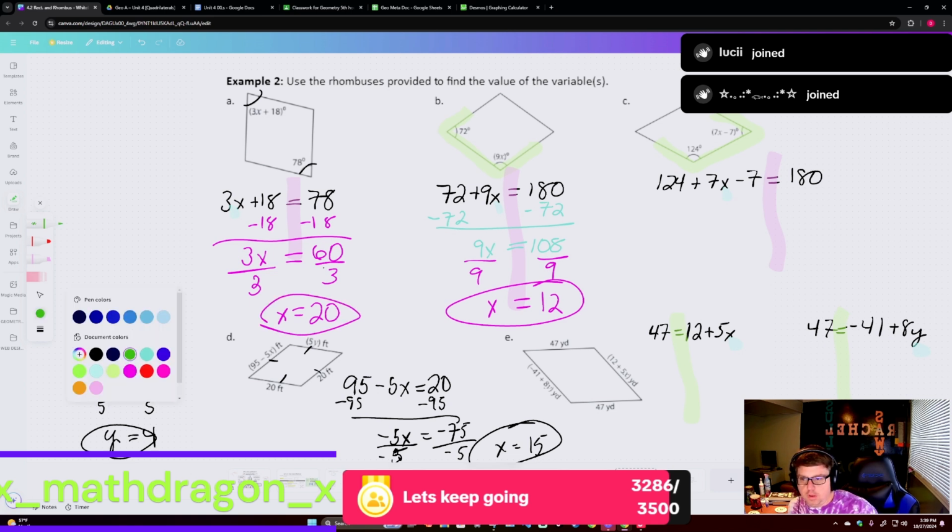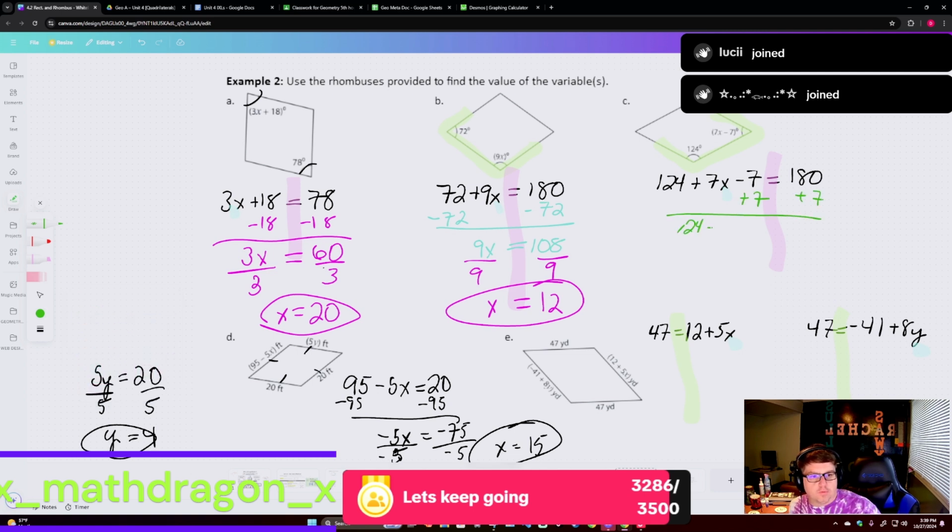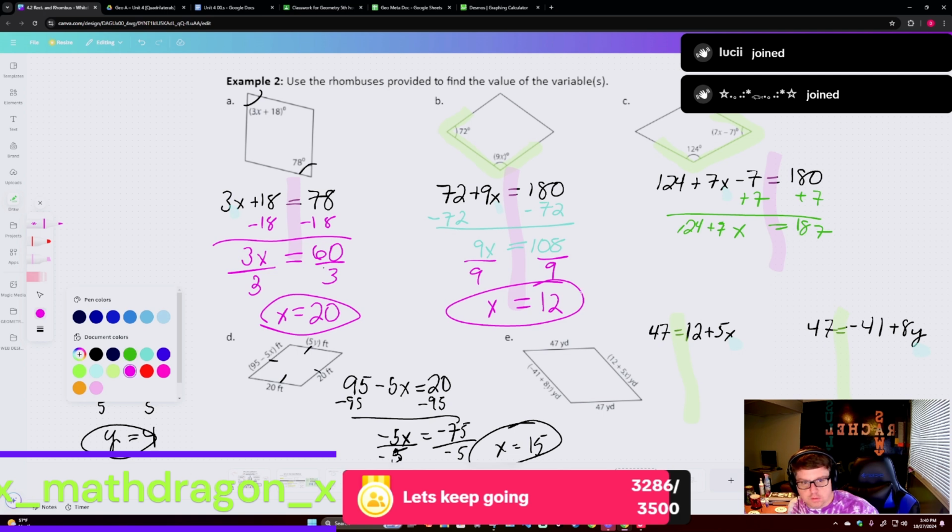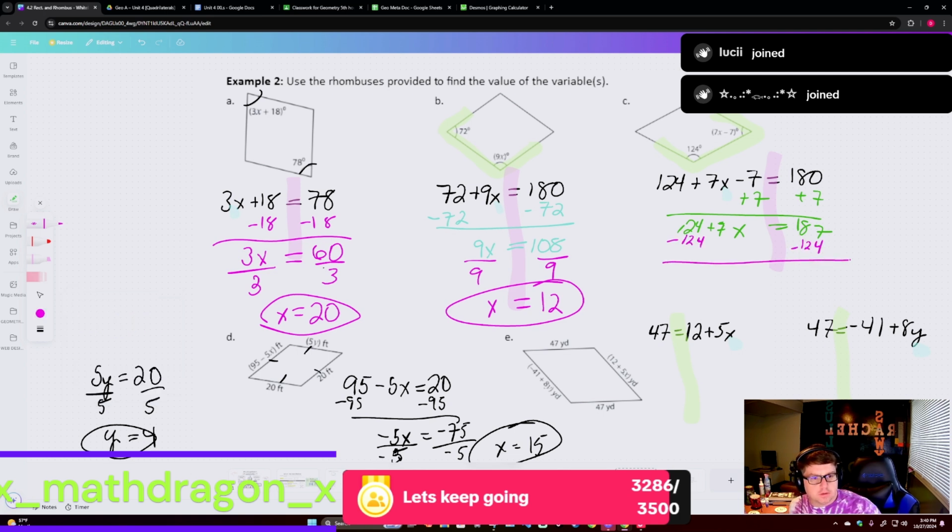Okay. Then we're going to add 7 to both sides. 24 plus 7x equals 187. Then we're going to subtract 124 from both sides. And we're going to get 7x equals 63.